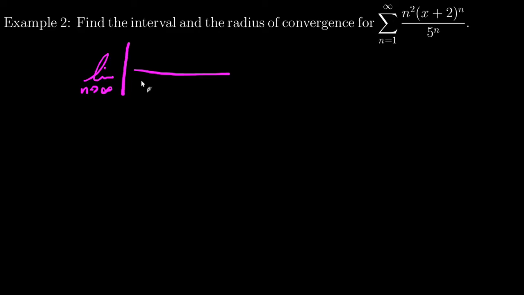I have n squared times x plus 2 to the n all over 5 to the n in the denominator. And in the numerator, I have n plus 1 squared times x plus 2 to the n plus 1 all over 5 to the n plus 1.